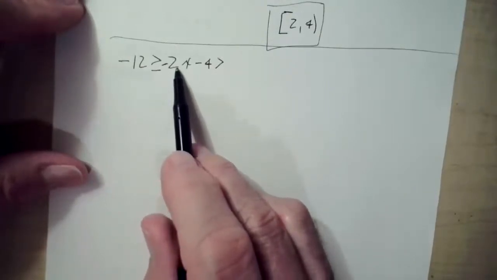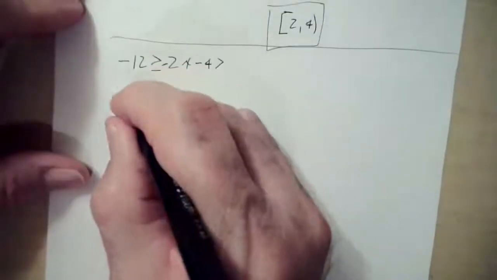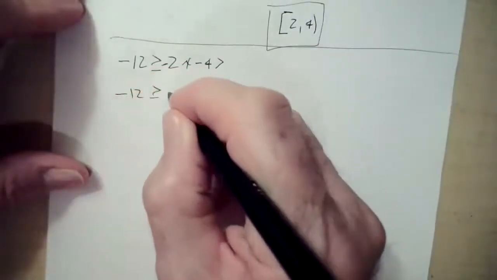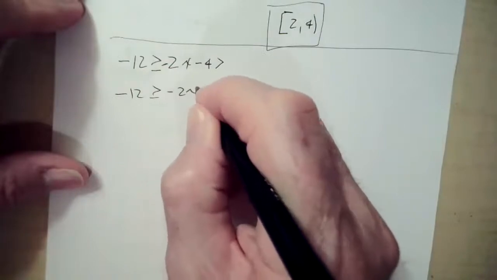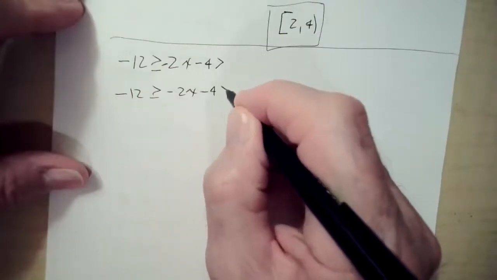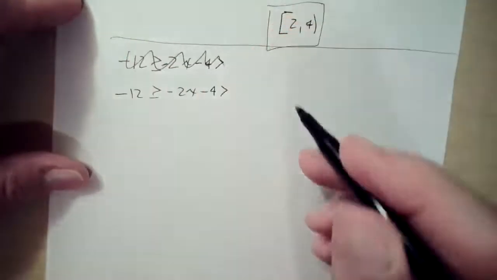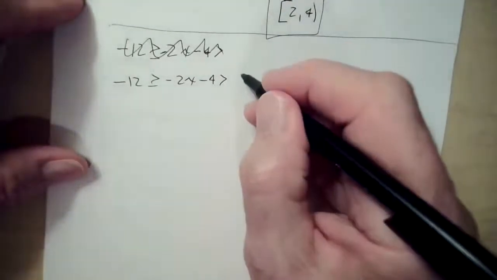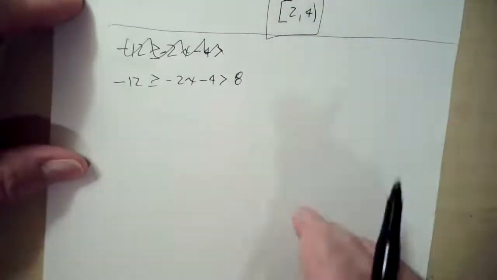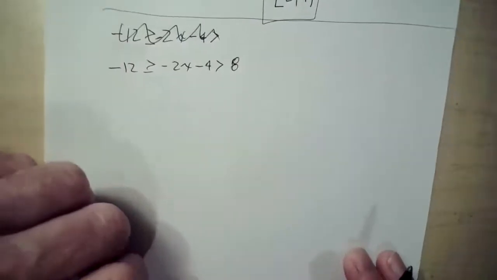So now what's going to happen here? We're going to have to end up dividing by a negative number, so all of our signs are going to flip. Let me rewrite this. Negative 12 greater than or equal to negative 2x minus 4 greater than 8.